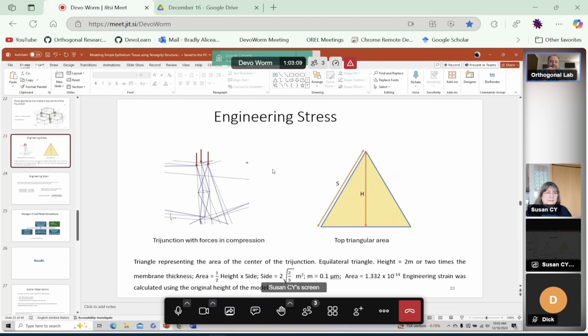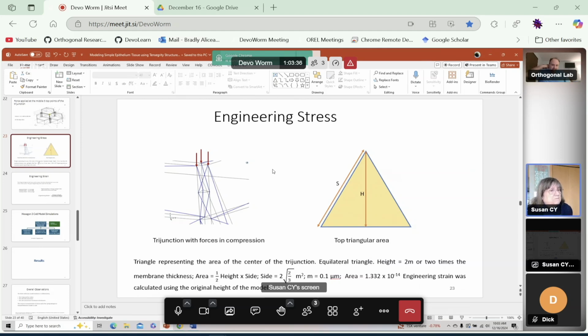But I'm just using the original size for engineering stress, and not how it enlarges as it goes. So there's true stress. Right. So that makes more sense for cells.